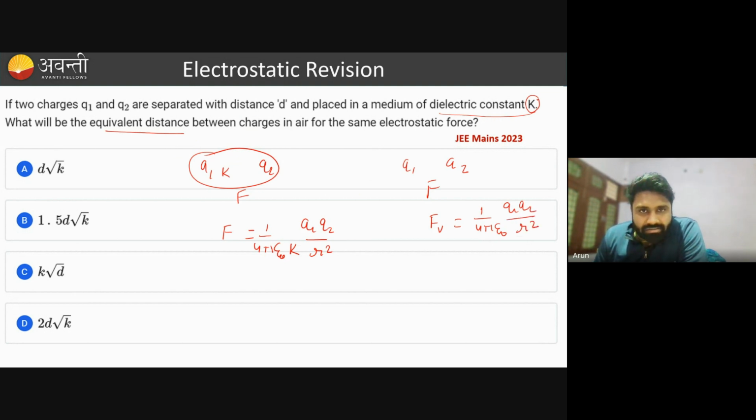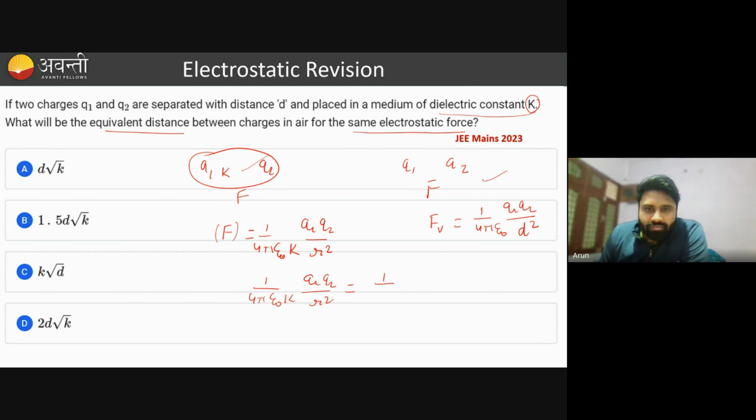In the question, it is given that the same electrostatic force is experienced in a medium of dielectric constant K as in vacuum. So you need to equate these: 1 upon 4 pi epsilon naught times Q1 Q2 by K R square is equal to 1 upon 4 pi epsilon naught times Q1 Q2 by d square, where in vacuum the distance is d, because the distance will differ.